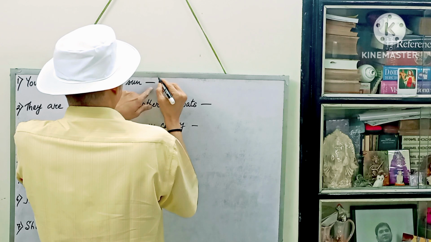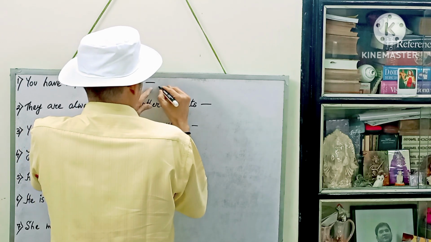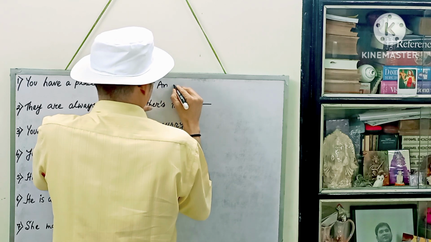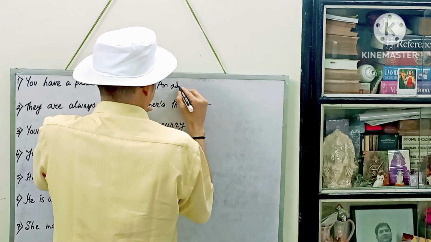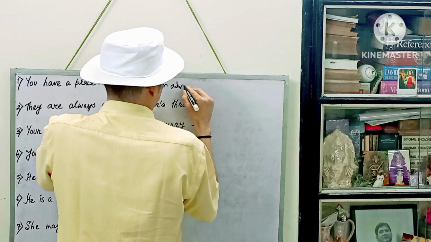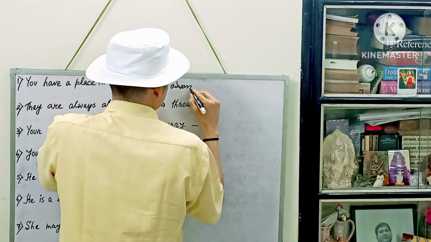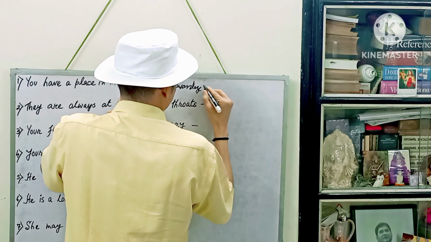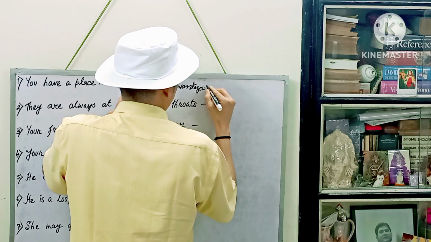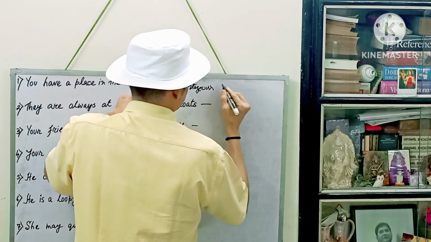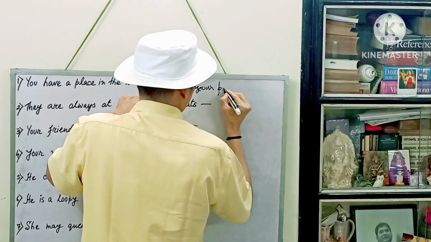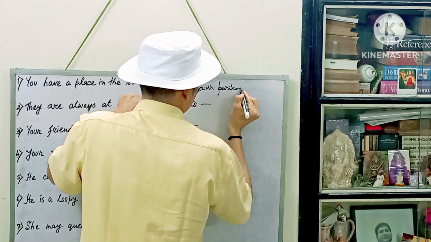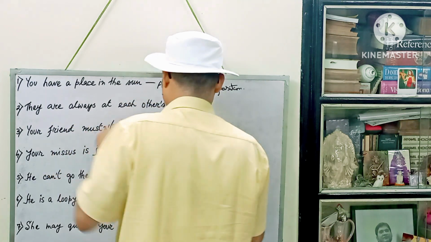So to have a place in the sun means an advantageous position.